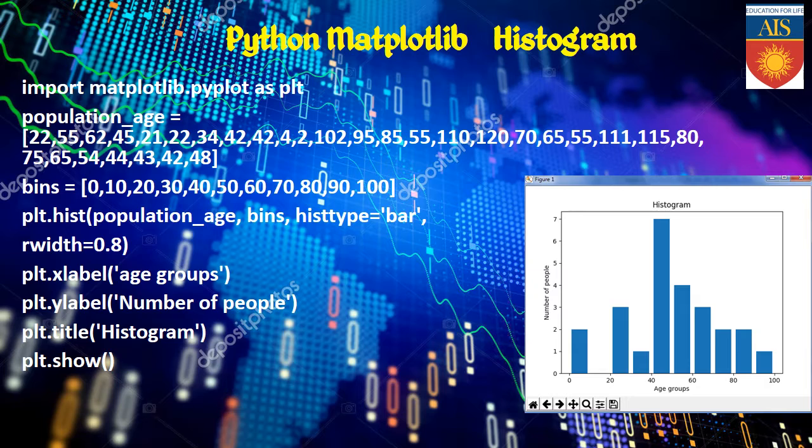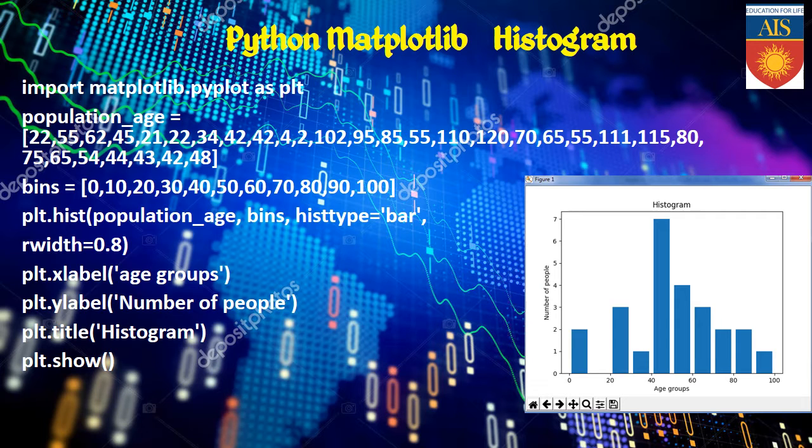But one thing you need to remember, the values and the bins need to be consistent. Then plt.hist, population age, then bins, then histtype bar, color r, width 0.8, then plt.xlabel, assign the label of x, that is age group, and in ylabel also number of people, and then plt.title histogram.